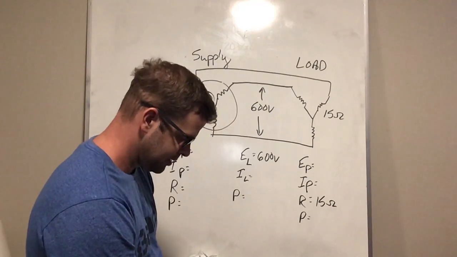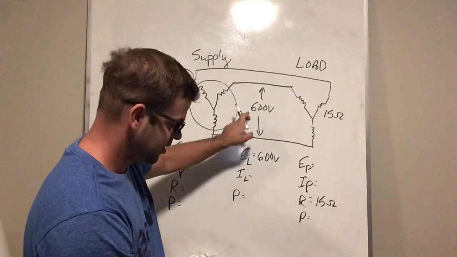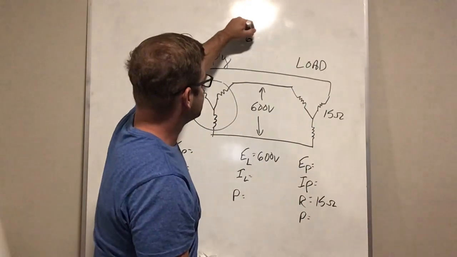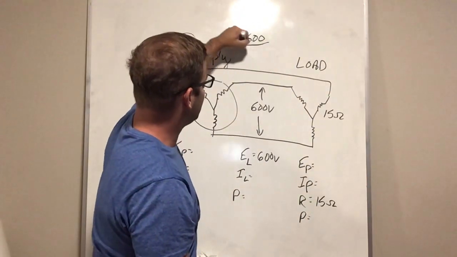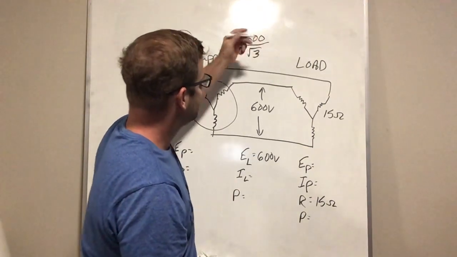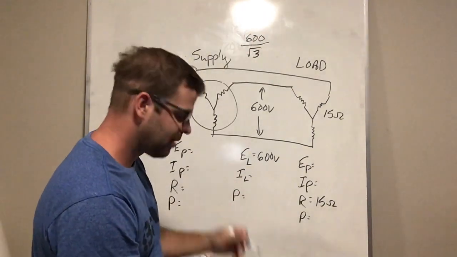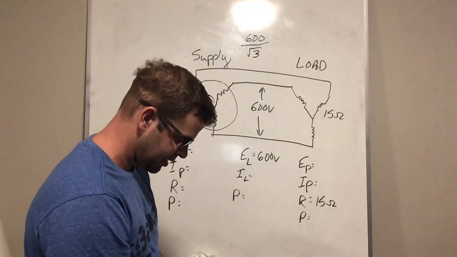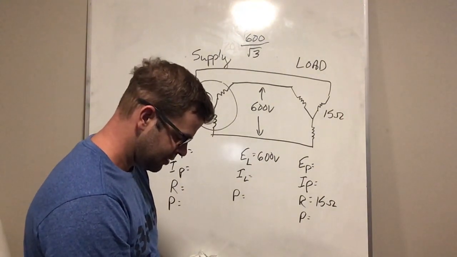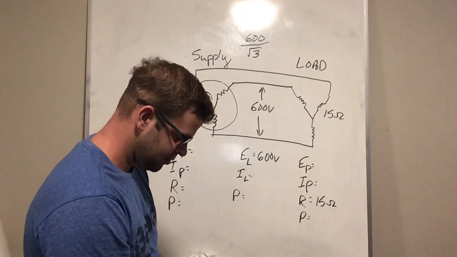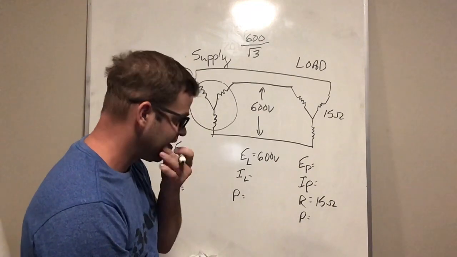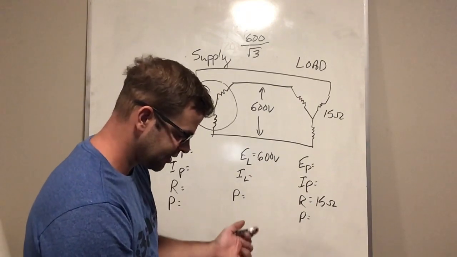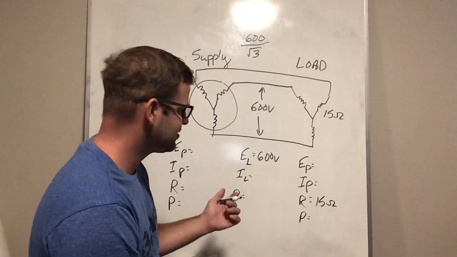And if I take my value, 600 volts, I want to find the phase value. So we know that we take 600 volts and we want to divide that by root 3 or divide it by 1.732. So if I take 600 and divide that by 1.732 or root 3, I get a value of around 347 volts, but we're going to use 346.42.